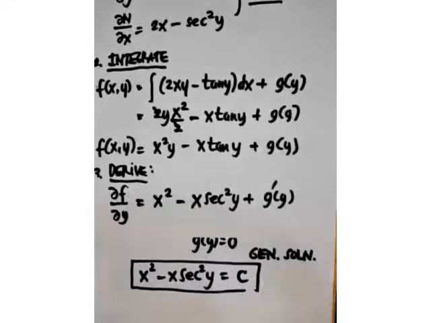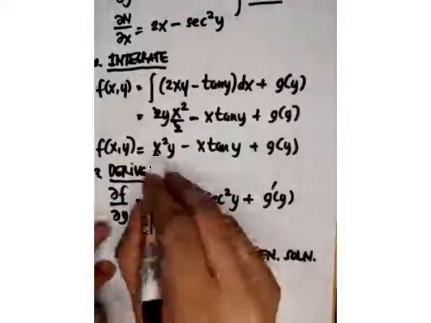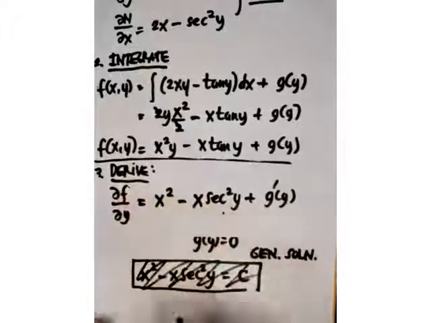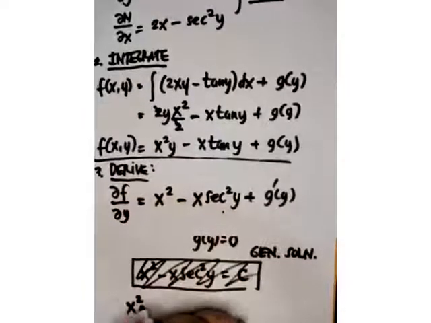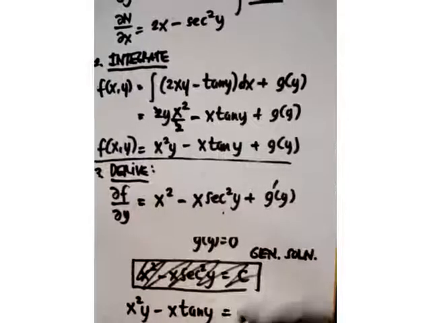Ayan. Okay. If you want to check your answer, mali ako. Sandali. Wait. Bakit ito yung kinopya ko? Dapat ito pala yung kokopyahin ko. X squared y minus x tangent y is equal to c.